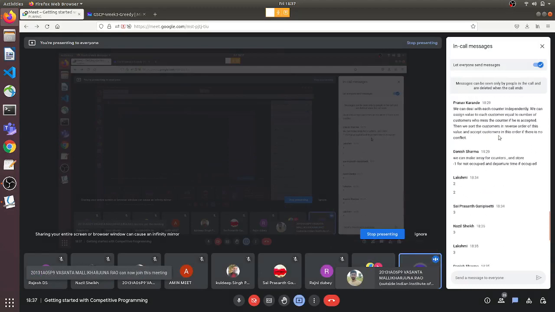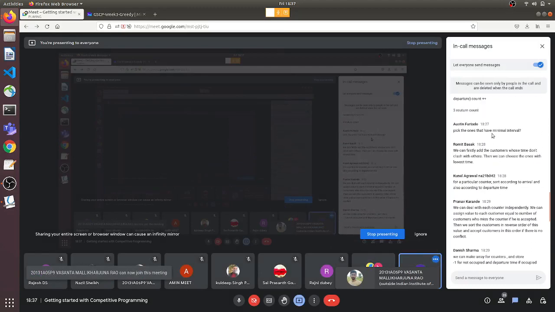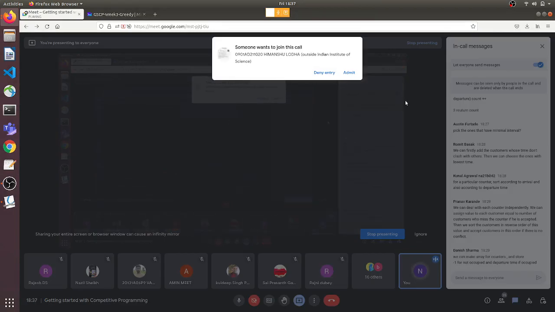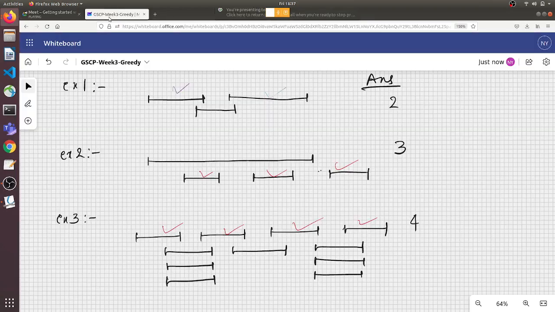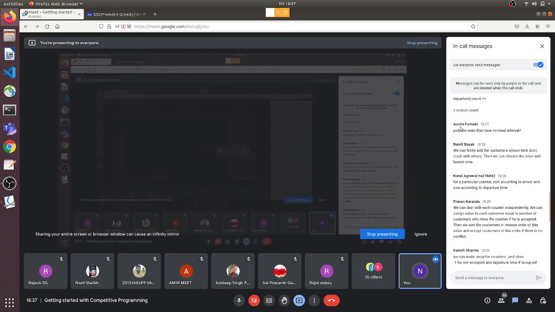Austin, your approach was to pick the one with the minimal interval, and I think example 1 shows that that may not give us the most optimal answer, because this interval is smaller than the others. But if we choose this, then we cannot choose the other two, and therefore that is not the optimal one.